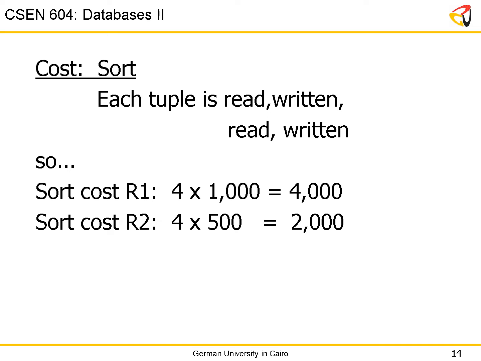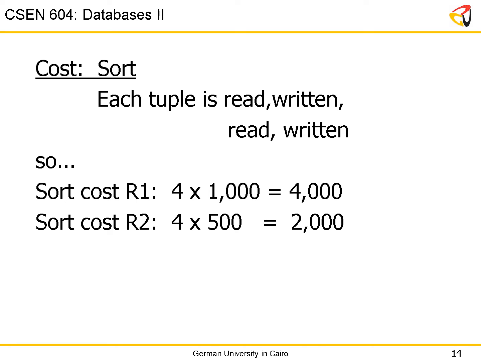Now, in terms of the cost of doing this activity, an external merge sort approach, what we're doing to each tuple is that I'm reading it and writing it. The first read and write you could think of as per tuple, but it's also per page, because I'm spending 1 IO per page.